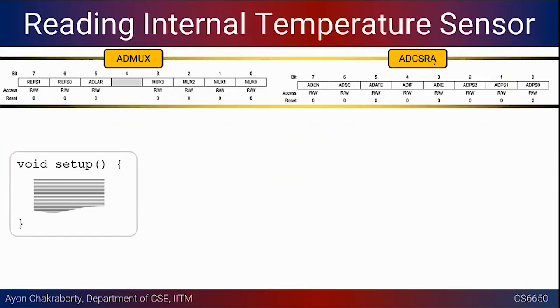Okay, so as you know, we have these two registers that we need to enable. There is the ADMUX register, and then the ADC control and status register here. These are the two things we will deal with, and we already know the meanings of all these things. Here, the last 4 bits are used to select the input.